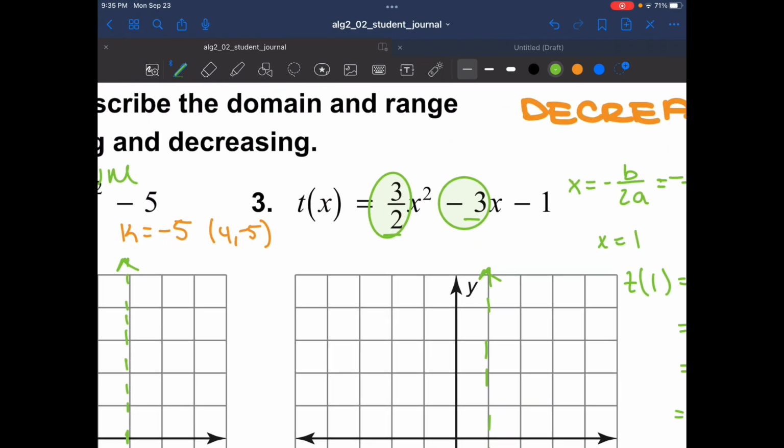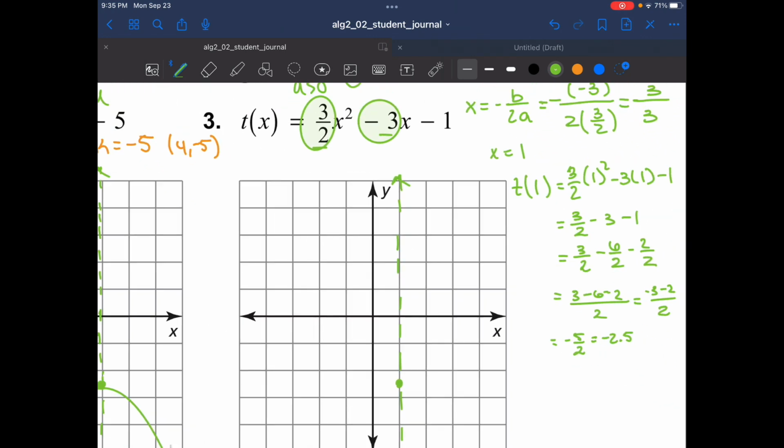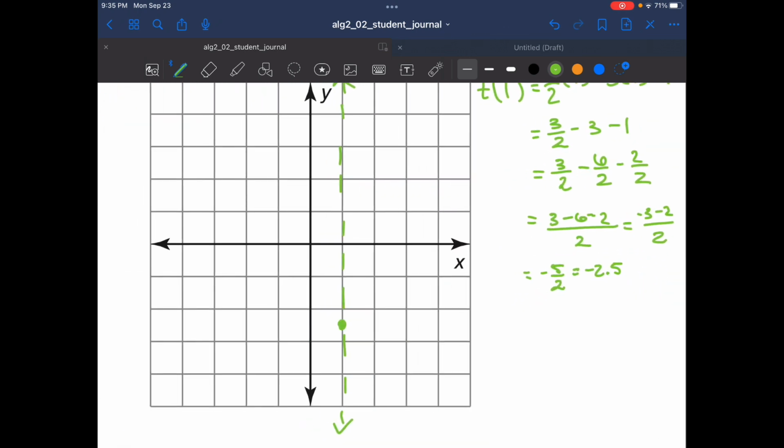And this, our A value, is greater than 0, so it is going to be a happy face. So it's going to look something like, oops, not like that. Something like that.